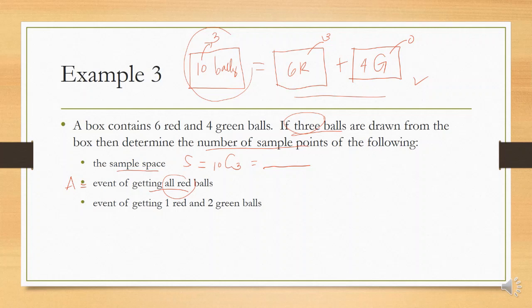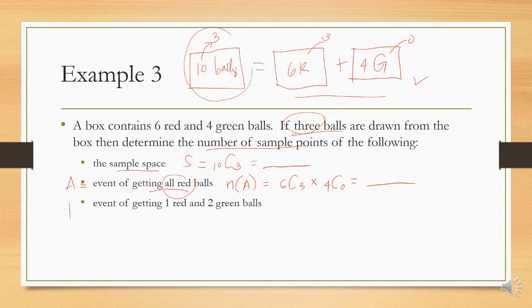So for our N of A, we use the combination computation technique that I showed you in the previous lecture, which is 6 combination of 3 times 4 combination of 0. Process this in your calculator and then you will get the final answer.